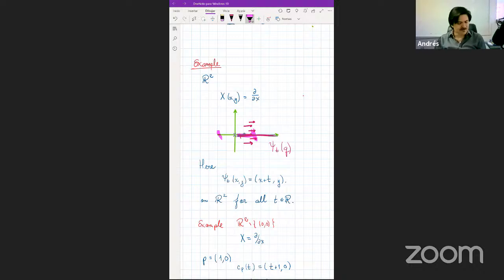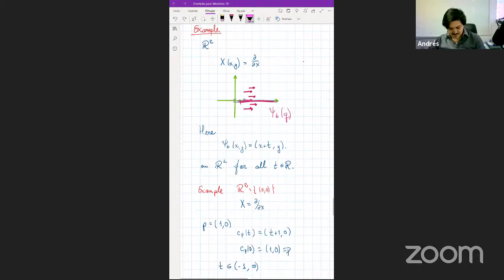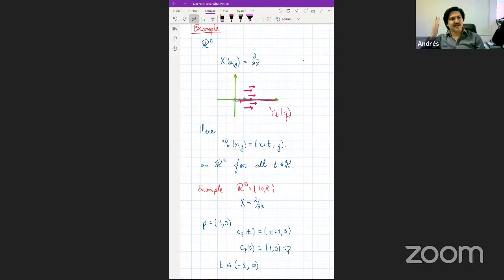If I'm here, I don't have any limitation. I can move backwards in time all the way up to here. There's no restriction. So this example makes sense to all of you?